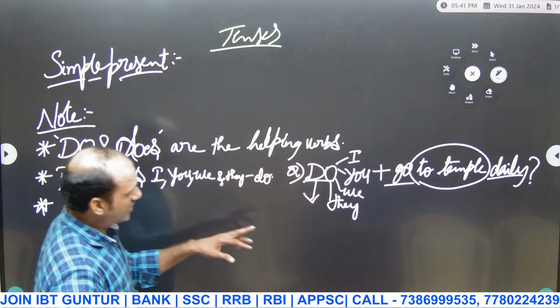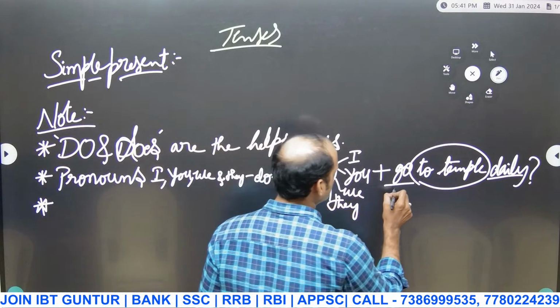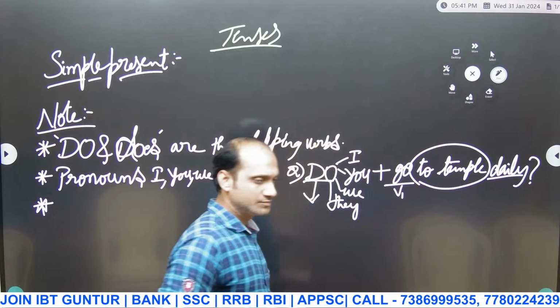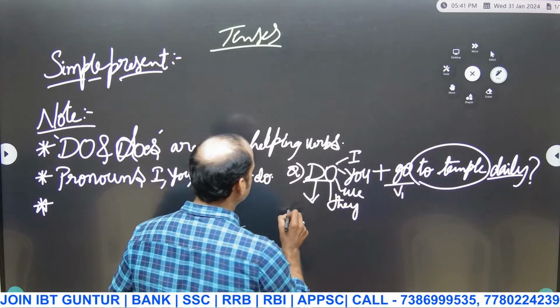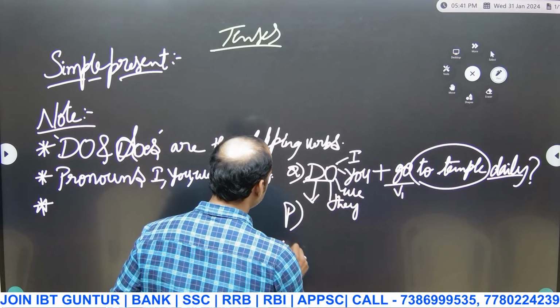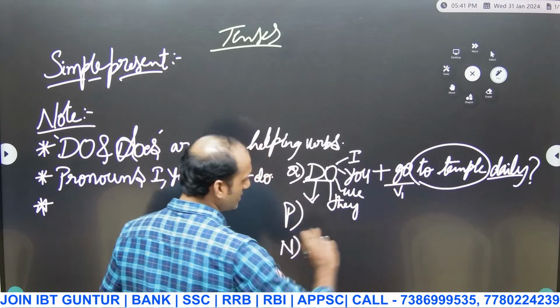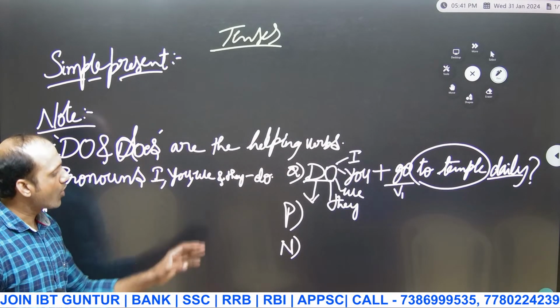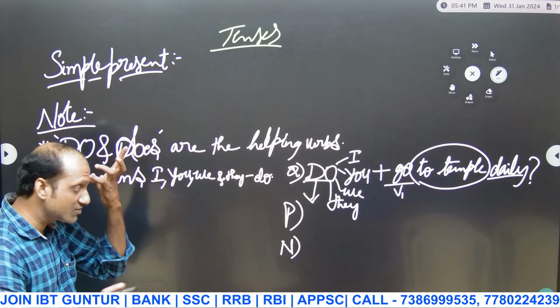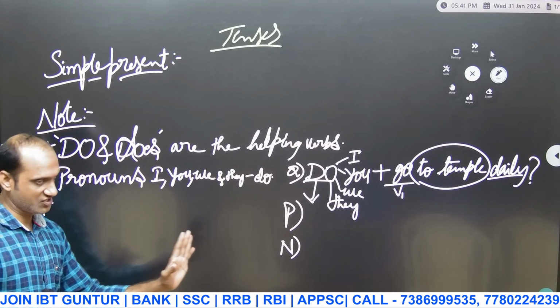And after that, what we have to write about verb form? About verb form. Okay, if it is the question, what is the answer and what is the negative? Try to write of your own. If you want to write, you can write. Otherwise, just wait for my explanation.